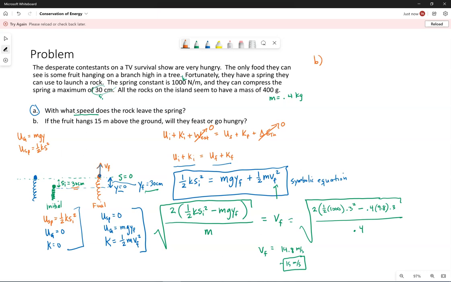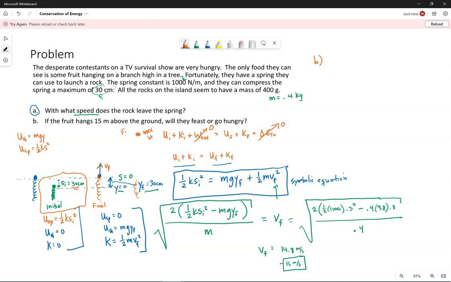So coming back to our picture, I can still keep this same initial moment in time and just choose a different moment in time where the spring is still just here, the rock has gone as high as it can, so it's at its maximum height.